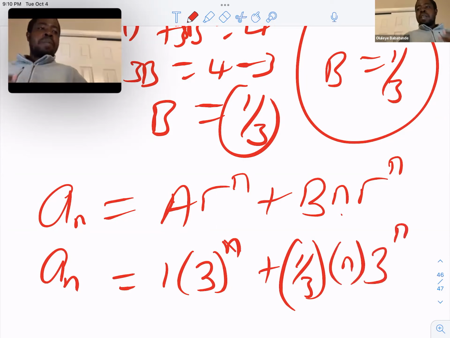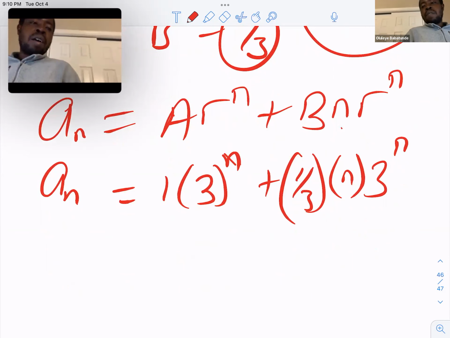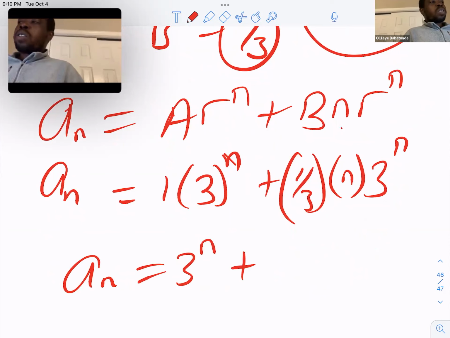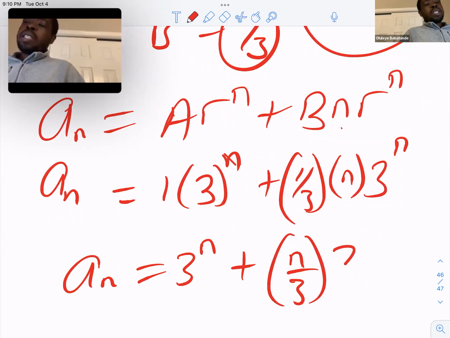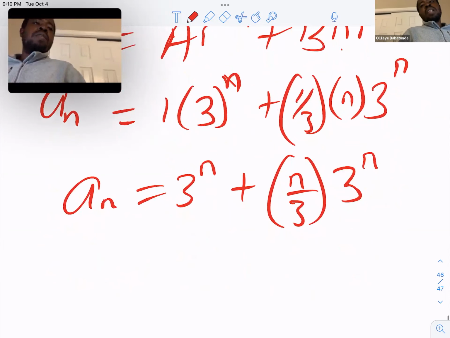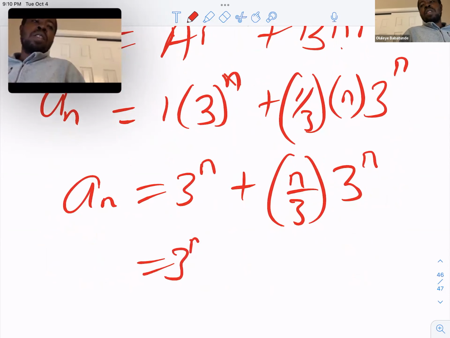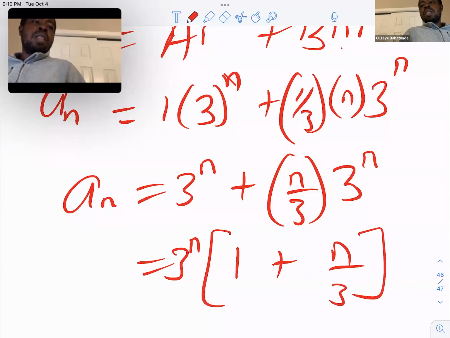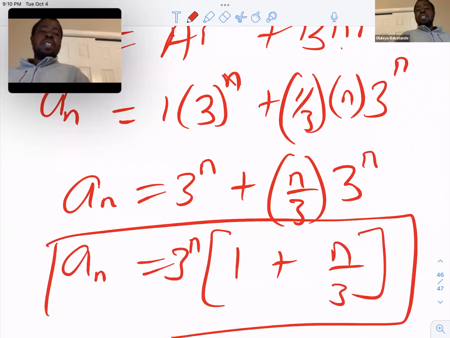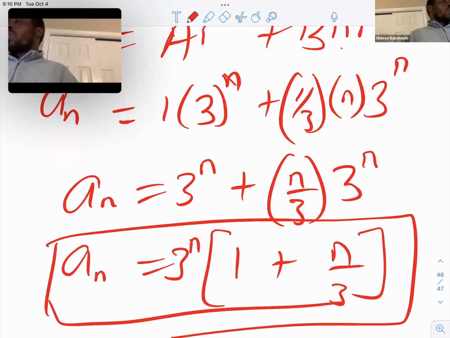My R is the same. So I'm going to have an as 3 to the n plus n over 3 bracket 3 to the n. And if you like, you can bring out your 3^n, 1 plus n over 3. So that is the solution of that recurrence equation. Okay, that is the solution of that.